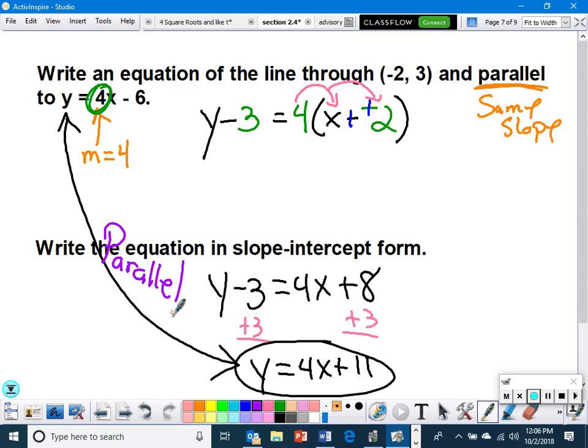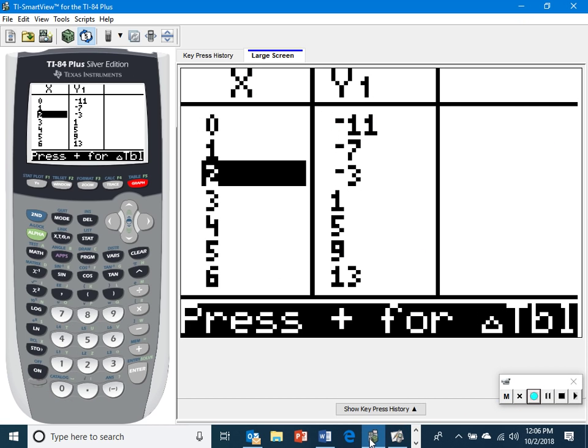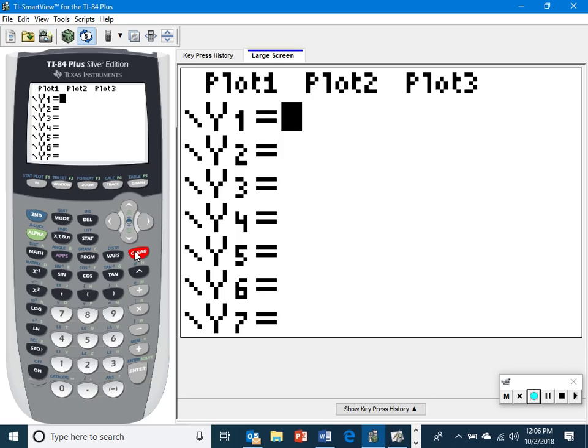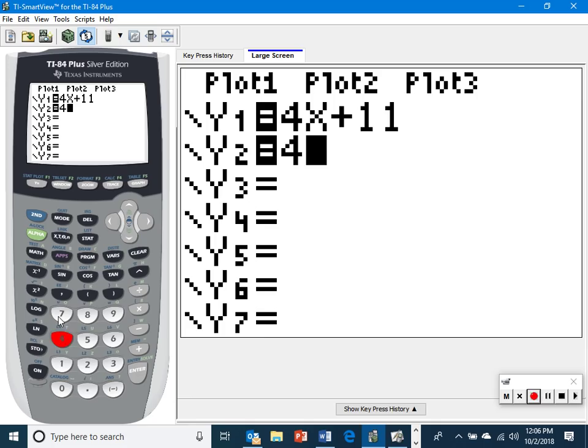Parallel lines have the same slope. So what I can also do, just to show you on the calculator, I could put both equations in. So I could put in the 4x plus 11. And I could put in the 4x minus 6.